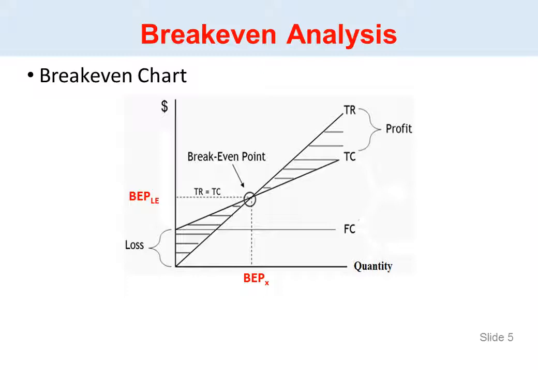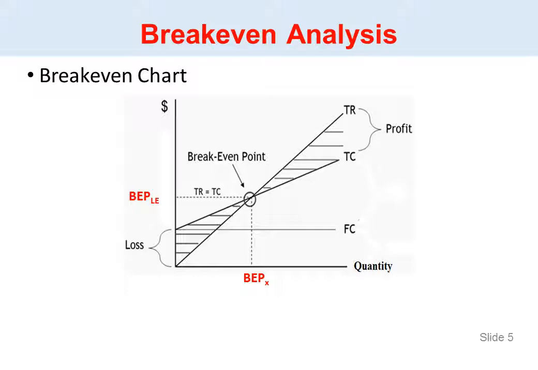One of them is the total cost, which is the accumulation of two things: the fixed cost, a horizontal line parallel to the quantity axis at FC, and the total variable cost. The total variable cost is added to the fixed cost and gives you TC, the total cost.